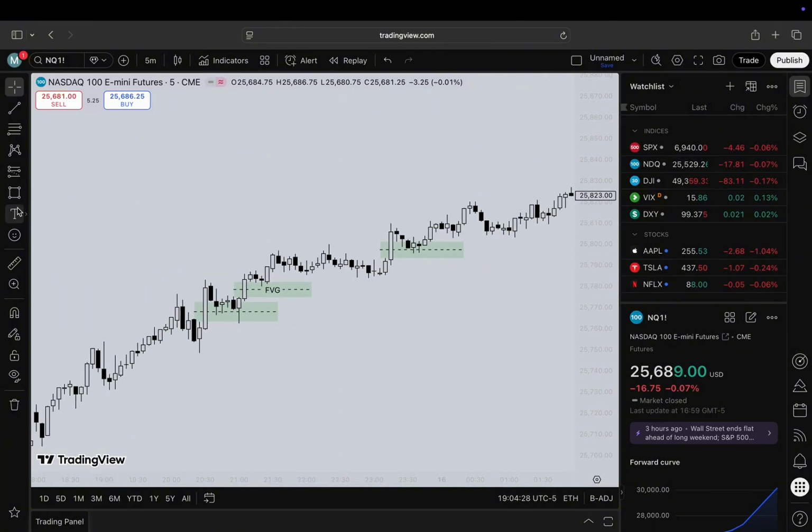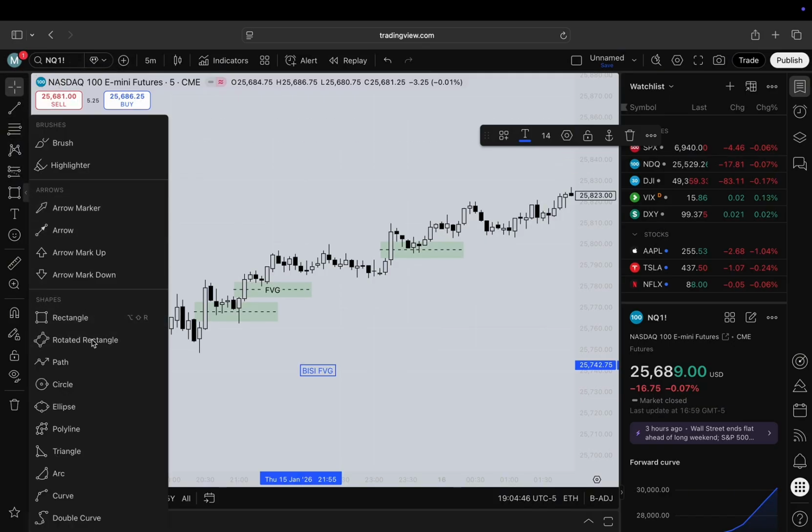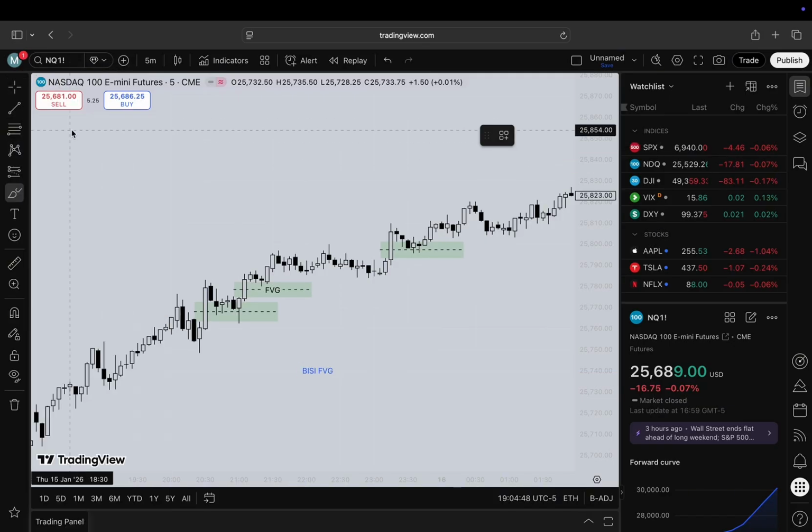Very commonly, you're going to hear these referred to as BISI fair value gaps. What does that mean? Buy side imbalance, because we have an imbalance in price on the buy side of the curve. So that means that the imbalance, right, is on the buy side of almost like a bell curve, right? So when you're trading, you're going to see the market move like this, right?